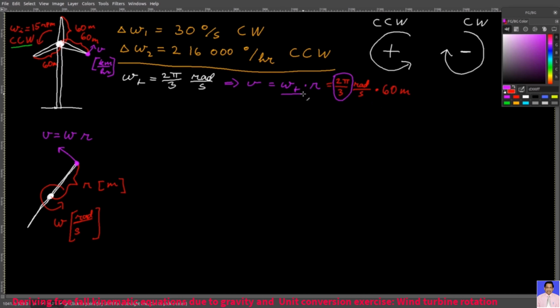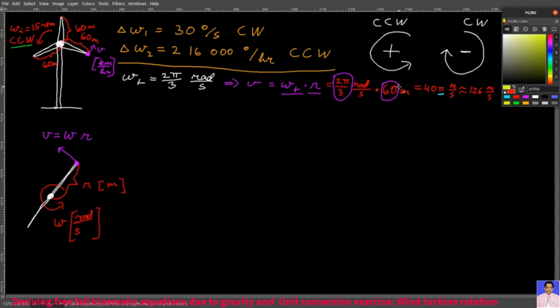All that will give you 40 pi meters per second, or approximately 126 meters per second. But again, if you can, just leave your pi in this form.